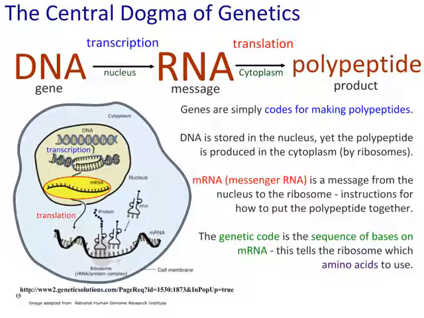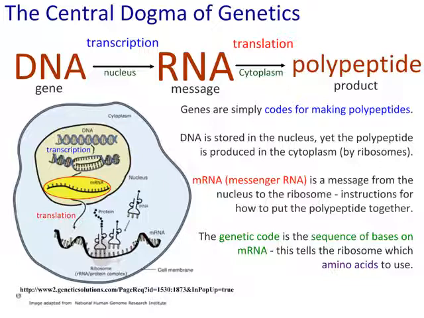But what I want to drum into your heads for sure is that there's a link between DNA and proteins. DNA has the instructions to make proteins. Proteins carry out all of those different functions in your body, make up the structure of your body, etc.